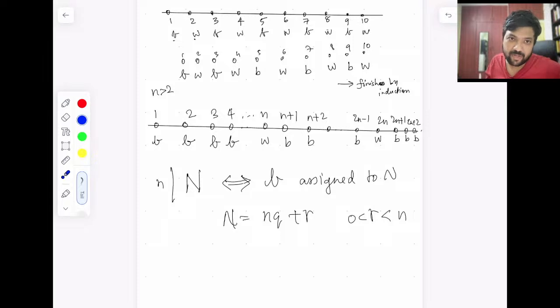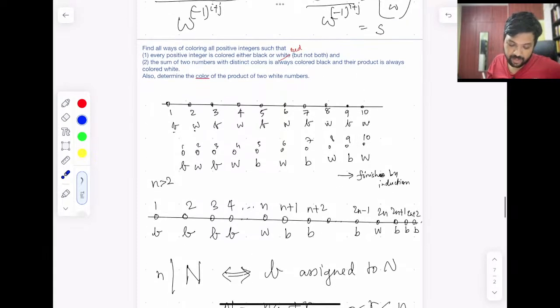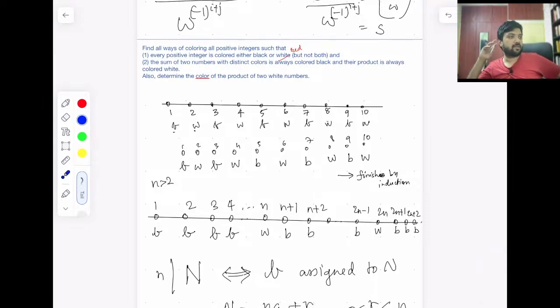This is the only way to color it. So the coloring scheme is the one given here: pick any n, put all multiples of n as white, rest all black. That's the only coloring. Okay, is it clear?